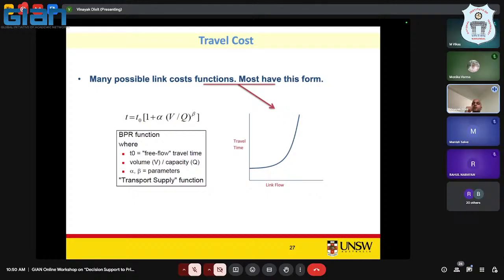They are useful because they provide you average travel times on a network for static conditions. Second, because they're convex, like this is a convex function, they provide nice mathematical properties around equilibrium. One, it guarantees that you're going to have an equilibrium solution. The second thing is it also guarantees that the volumes on each link are unique.